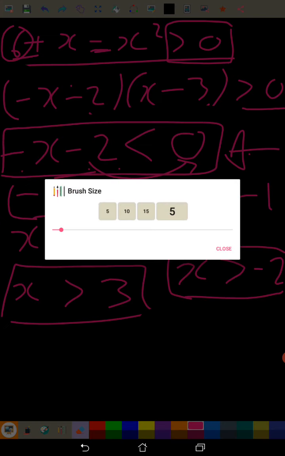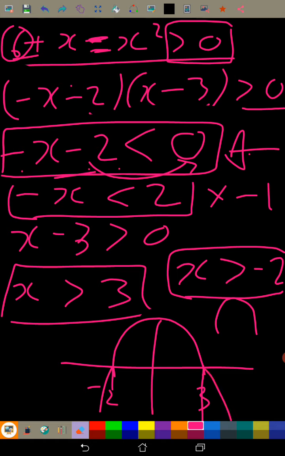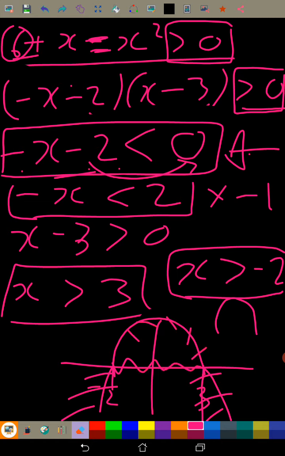If I want to draw something, I know that it's going to be minus 2 here and 3 here, and since the coefficient of x squared is negative, we know that there's going to be a maximum, so it's going to be just like that, guys. That's the curve. We want everything that is above 0. Here the curve is below 0, so we don't need all this. We want what is here, all those values.